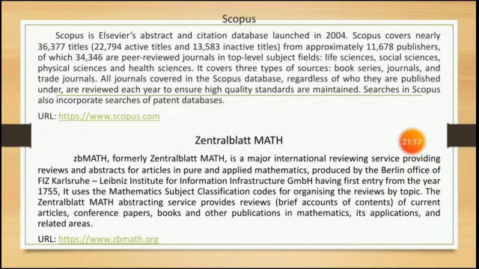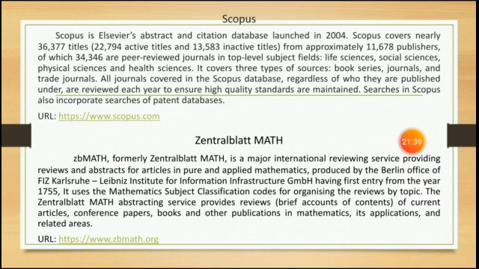Then we have zbMATH for mathematics research students, which is a major international reviewing service providing reviews and abstracts for articles in pure and applied mathematics, having an office in Berlin, Germany. Its first entry is from 1755.